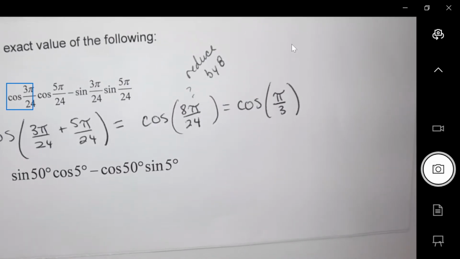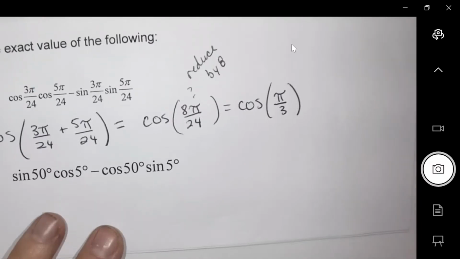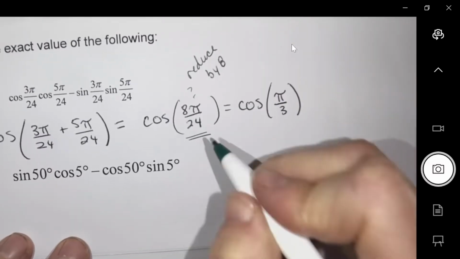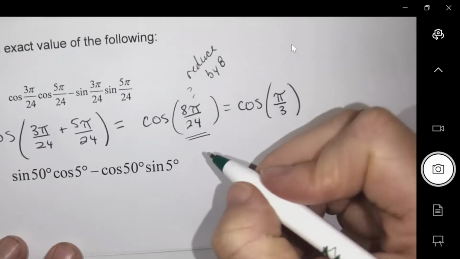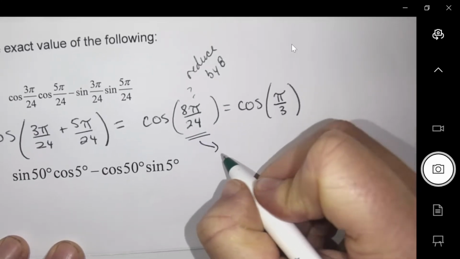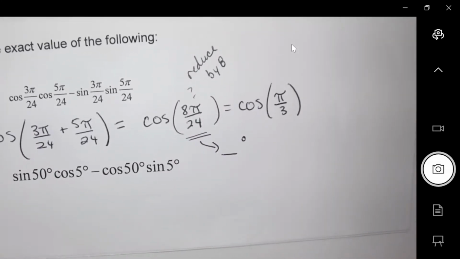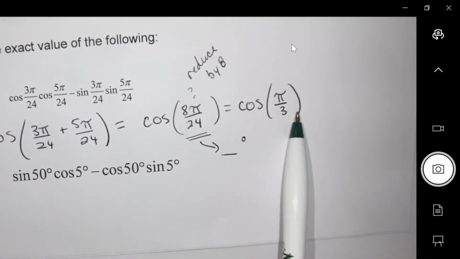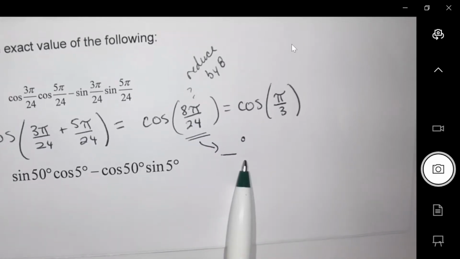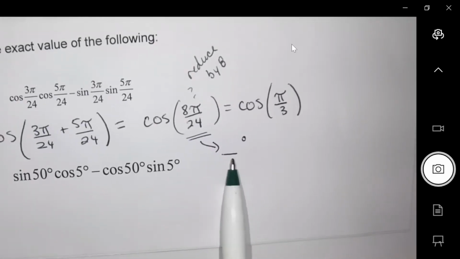Or what if you were on the test and you were really stuck? What else could you do with this? You could figure it out to degrees, right? You have a calculator. You could times by 180, divide by pi, right? That's another thing you can do if you're stuck. Okay, so you can reduce to get something you recognize, or you could change it to degrees to recognize it.